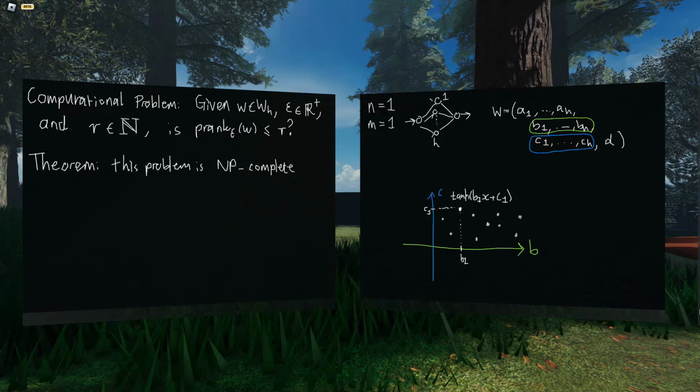It's like a clustering problem. For example, maybe we can perturb this B1 point and this point here, we can perturb them up to here. If you look at this, maybe we haven't changed C1 much, but we change B1 a little bit, we increase it. And maybe for this other point, we decrease the B value and increase the C value a little bit. And we bring them both to this orange point.